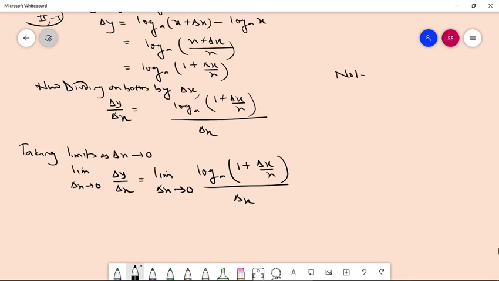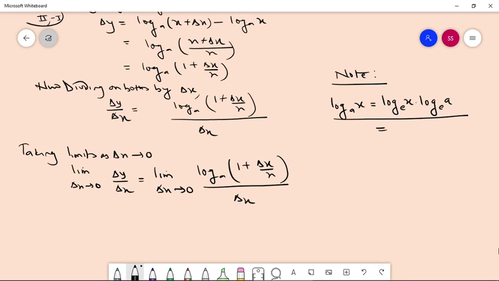Note: log base a x equals log base e x times log base a e. We can break it in this way instead of the other way; it will be easier to remember.